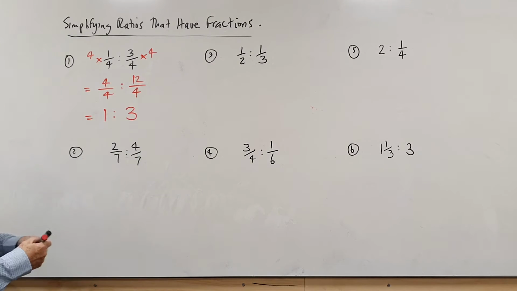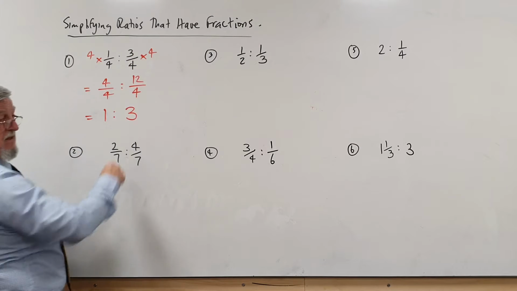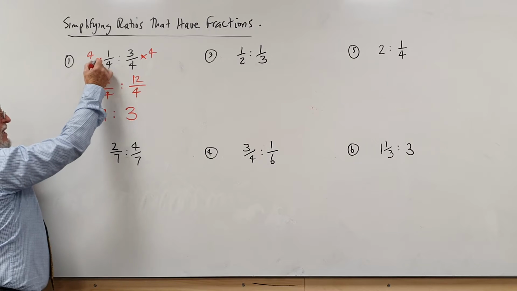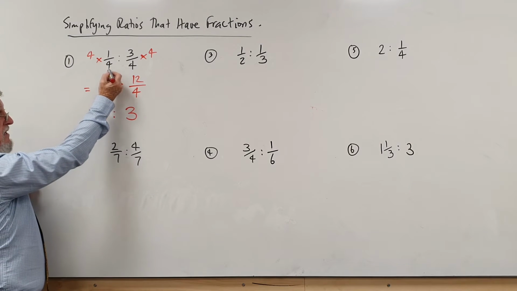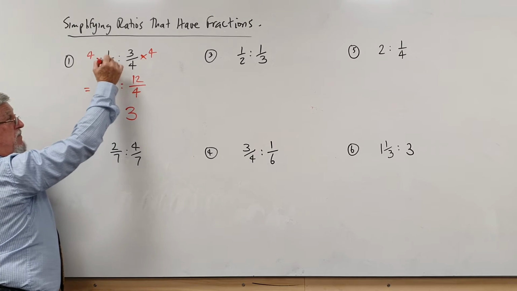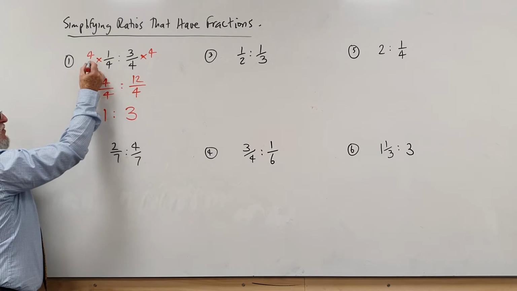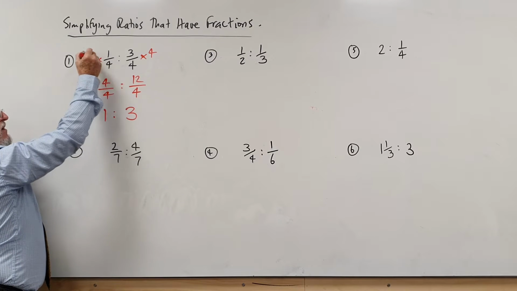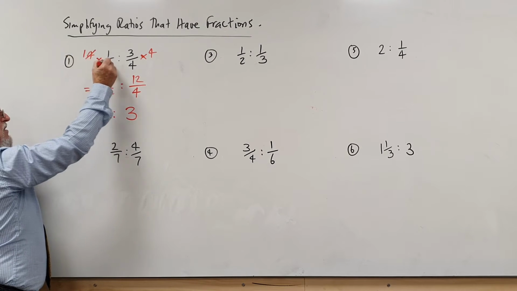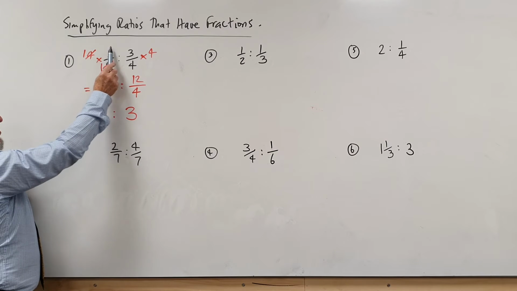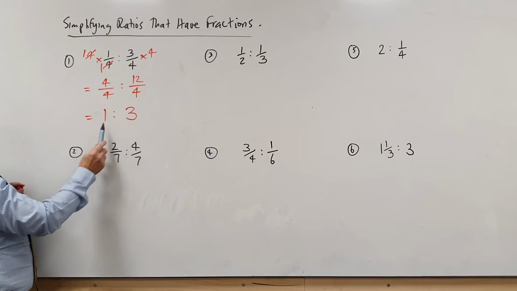Now go back to the original question when I wrote it like this. Any numerator, any top, can cancel with any denominator as long as you're multiplying. Now you can also do it straight up and down, but for today we're talking about multiplying. That is on the top, that's on the bottom. 4 into 4 goes once, 4 into 4 goes once, and I'm left with 1 times 1 divided by 1, which is 1.